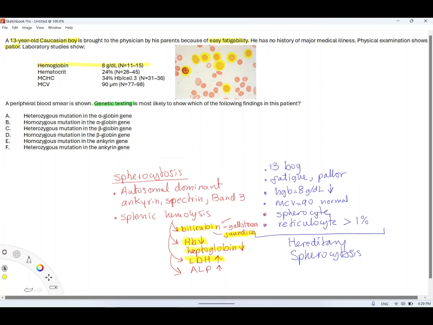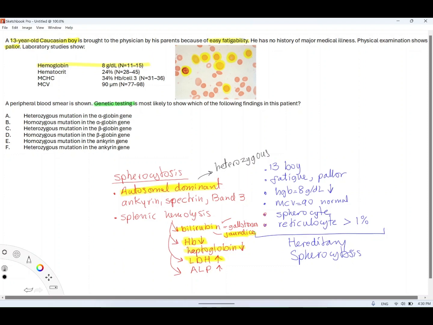All right. So if it is autosomal dominant, that means you need a single copy of a gene to express the disease. Each generation will have the disease, and you will need a single copy. So you don't need to be homozygous. You'll be looking for something heterozygous, because homozygous will be very difficult for them to carry oxygen.